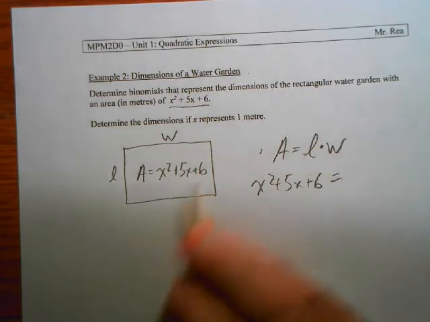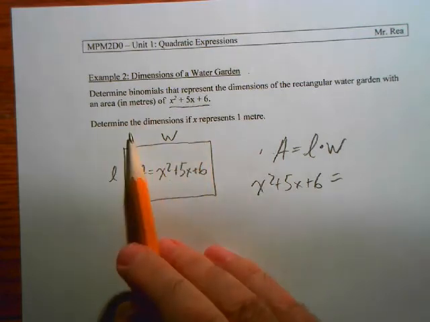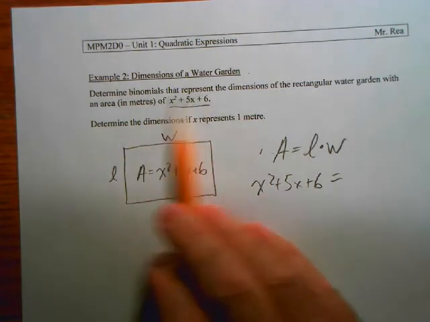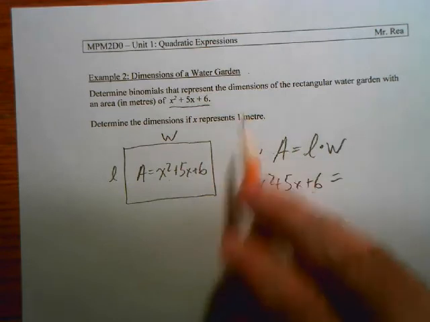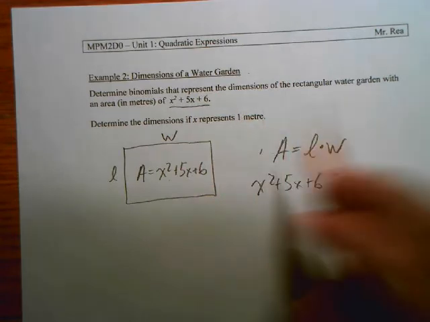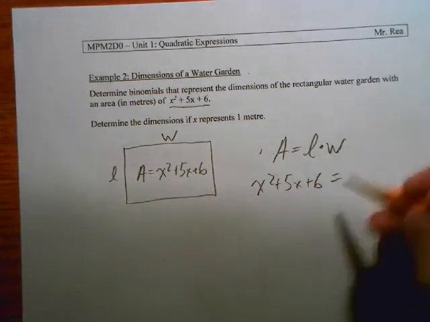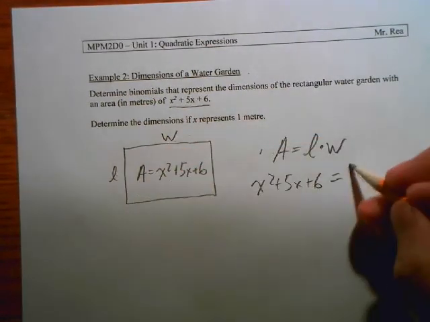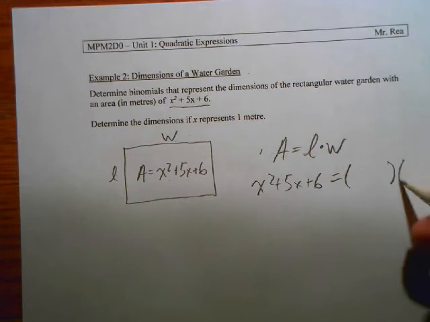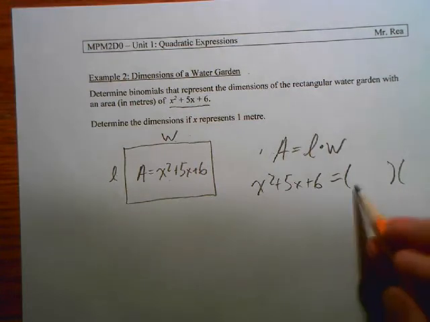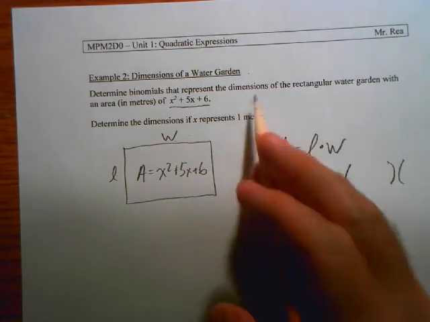Okay, and what we're trying to find is we want these binomials that represent the dimensions. So the dimensions are the length and the width. So we want expressions that represent that. Right now we don't know what they are. So I'm just going to put, and you have to leave enough room for two terms because they said binomials.